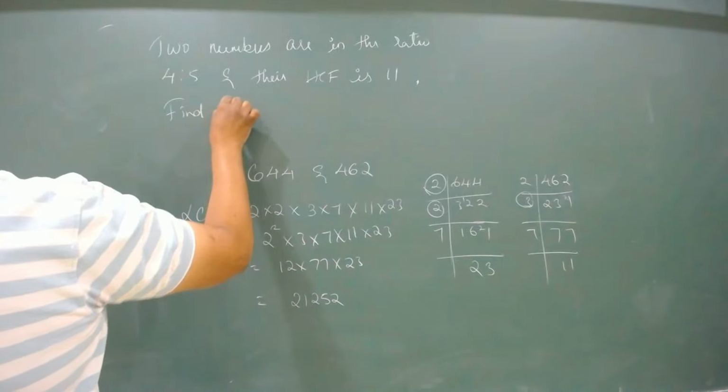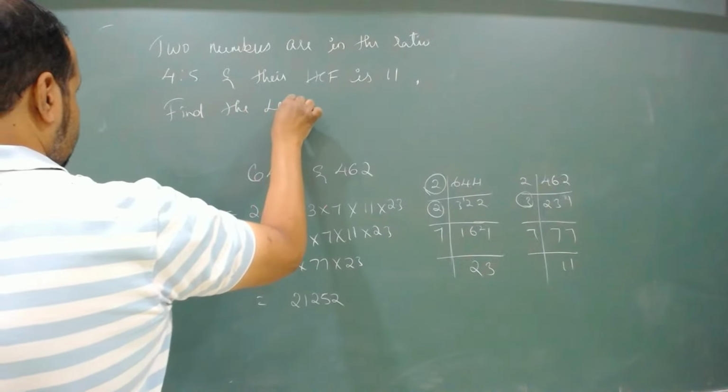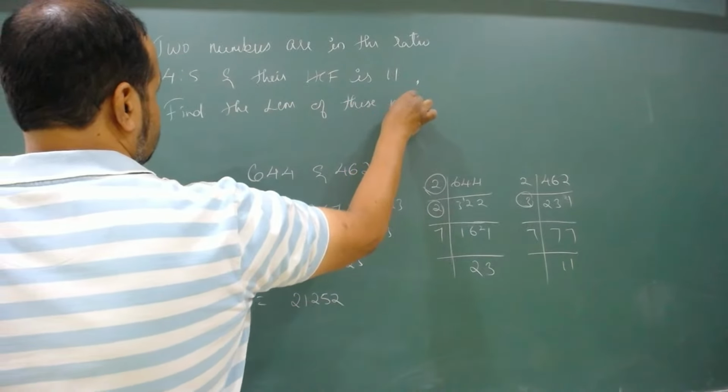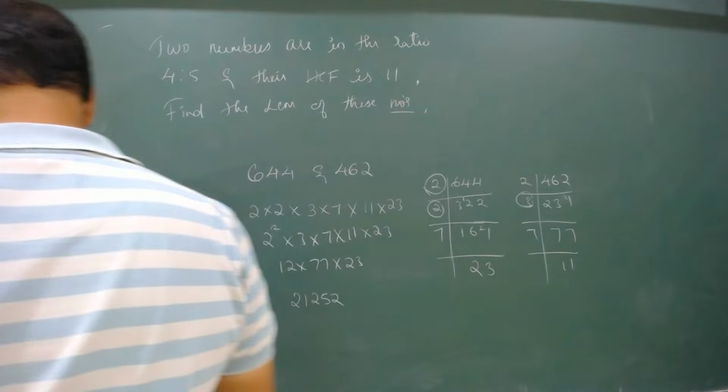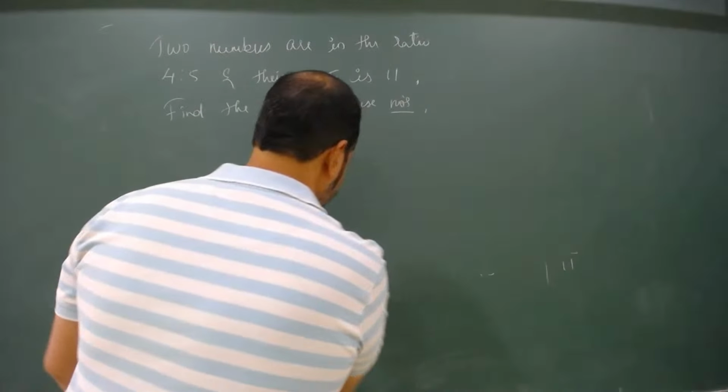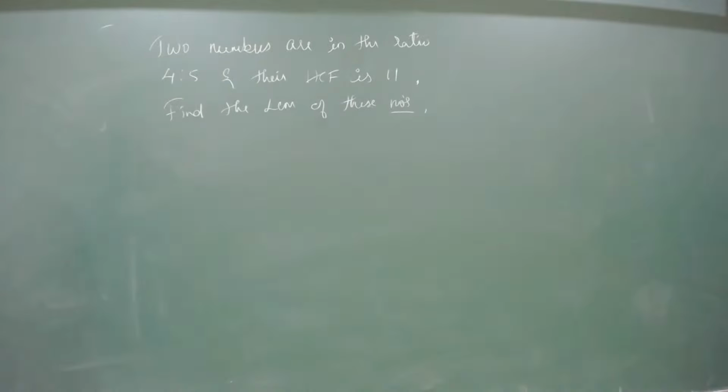Find the LCM of these two numbers. Now, let me read the question. Two numbers are in the ratio 4:5, and HCF is 11. Find the LCM of these numbers.